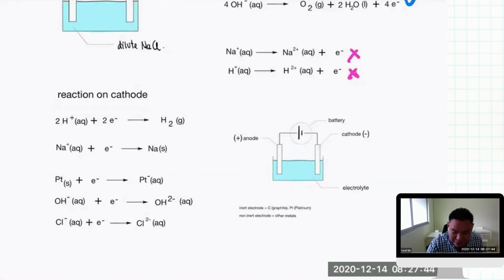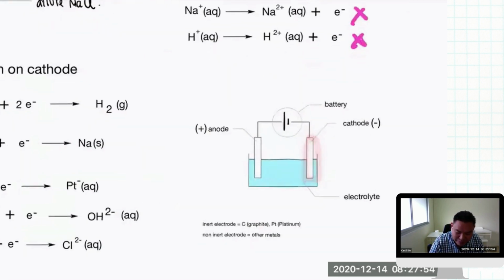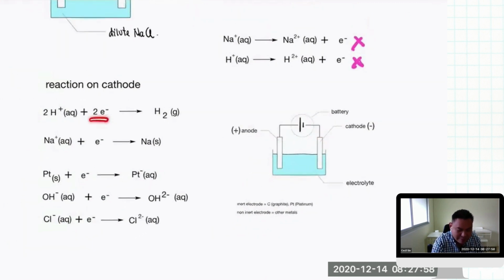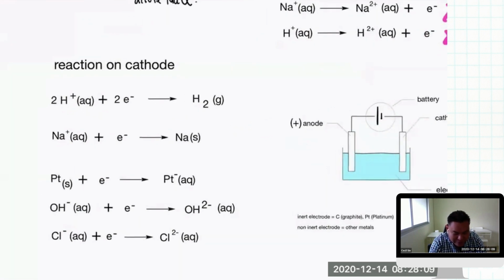On the cathode, there will be reduction because the cathode is connected to the negative side of a battery, and you have a lot of electrons being pumped by the battery to that cathode. And those electrons will reduce the substances that are in contact with the cathode.